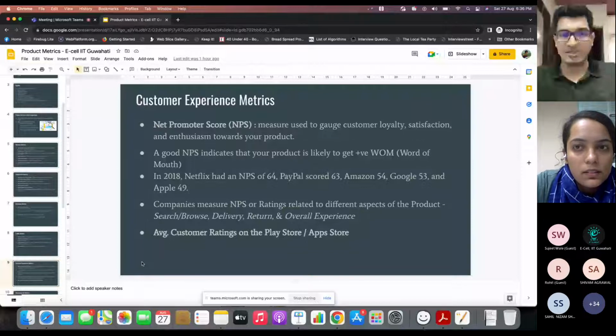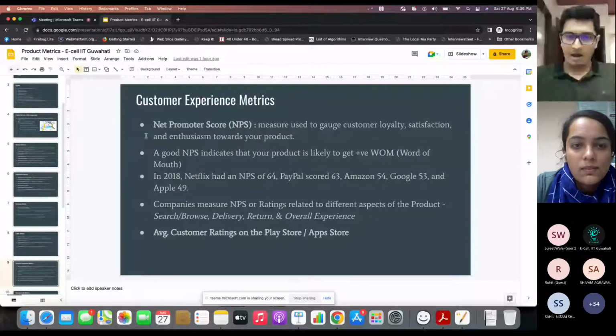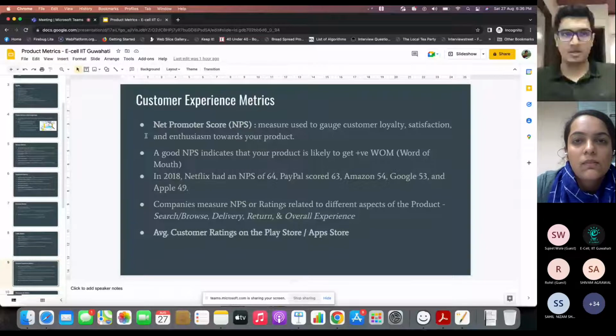And another thing is net promoter score, right? How many of you have seen those surveys or emails or push notifications where companies or products ask you, how would you rate on a scale of 0 to 10? How would you rate, let's say, Myntra's product experience, or product delivery experience?